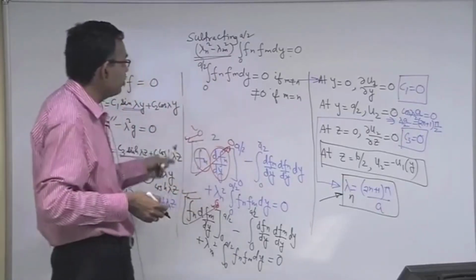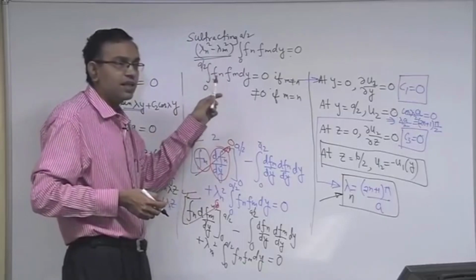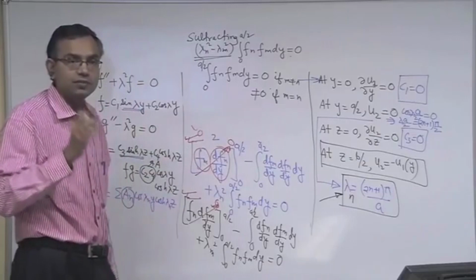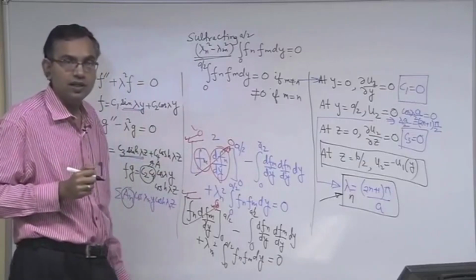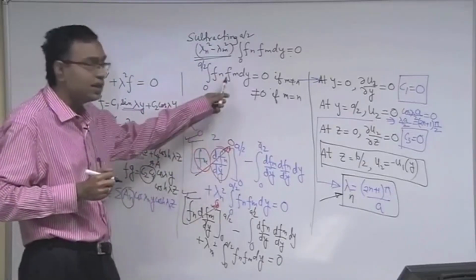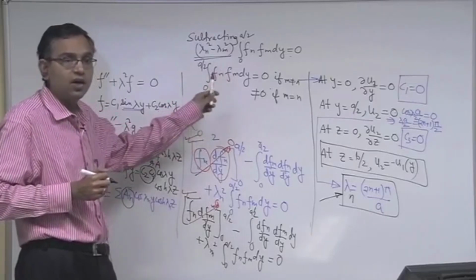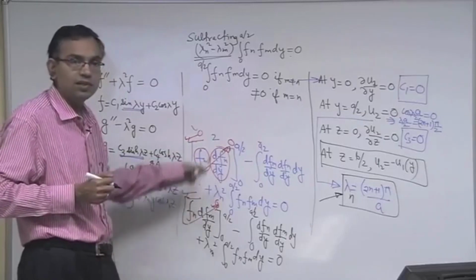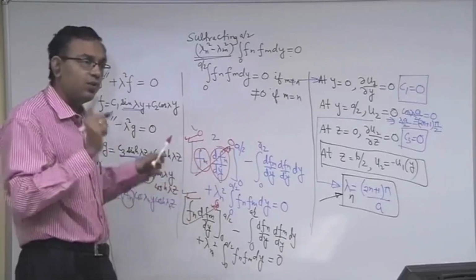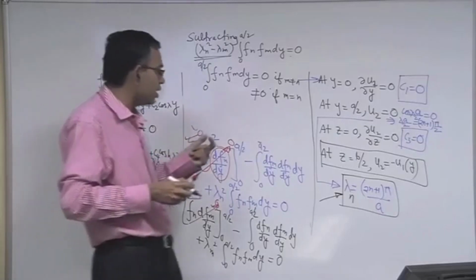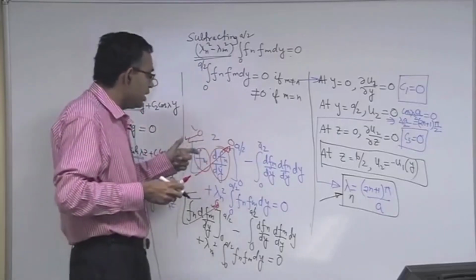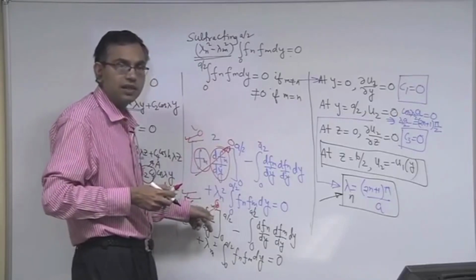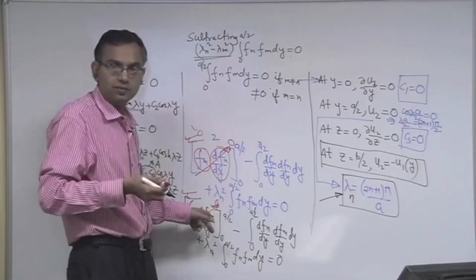Many times we say that for the method of separation of variables to work, we require some of the boundary conditions to be homogeneous, and you can see that while deriving this orthogonality condition, it is clear why we require the boundary conditions to be homogeneous, so that these boundary terms are absent. Even if one of the boundary conditions was inhomogeneous, it could be possible that this is cancelled by this while subtracting, and then also it will work.